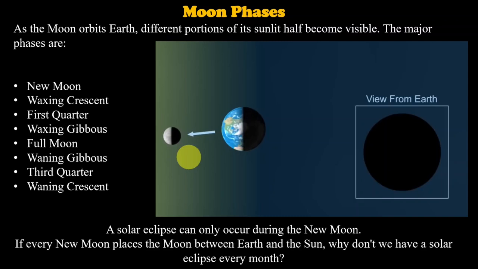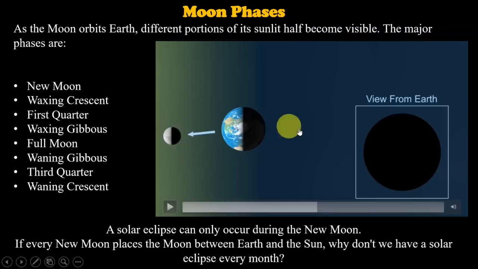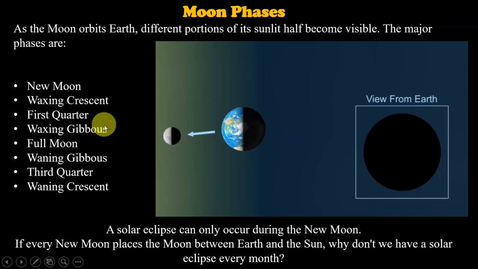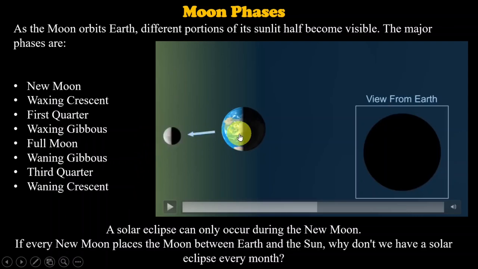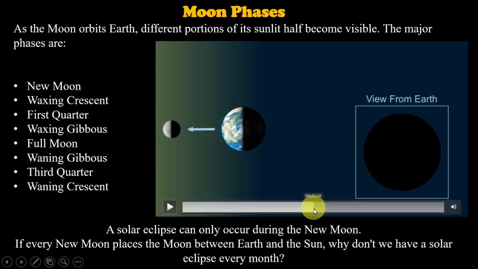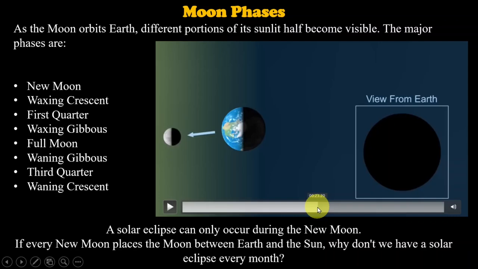Now, observe something. Is the moon not blocking? Look at the sun. The sun is somewhere there. We cannot see it, but look at the radiation and look at the moon. Let me position this very well.